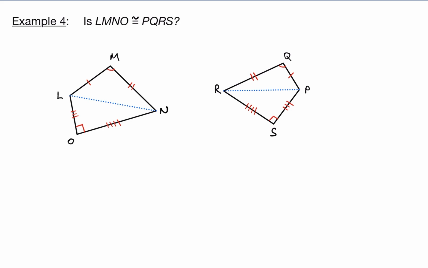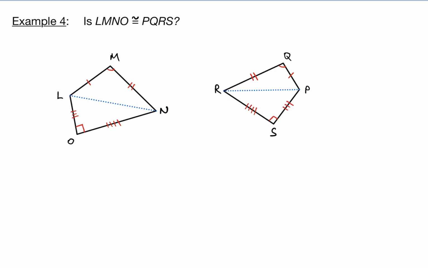We see that with LON and PSR, we have this side, LO, with 3 hash marks and PS with 3 hash marks. So those sides are congruent. Then we also have angle O, which is a perpendicular angle, or 90 degrees, and angle S, that's a perpendicular angle, or 90 degrees.